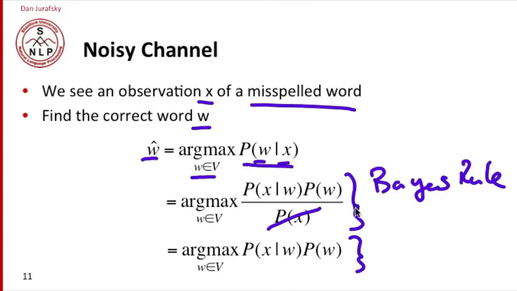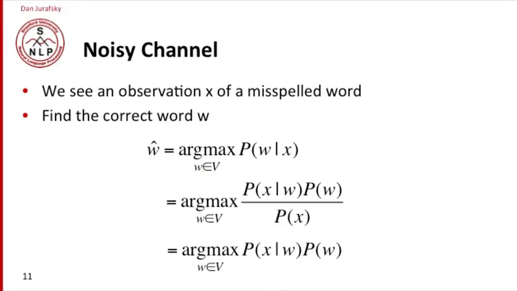Since the formula includes the probability of the misspelling X, we're including that probability in every W that we're considering. So if some W, say hypothesis 1, has a greater probability than hypothesis 2 by this equation, it'll also have a greater probability by this equation because X is a constant. X is the misspelling that we're trying to decide if W1 or W2 is a better hypothesis for.